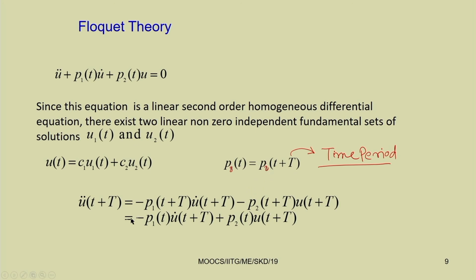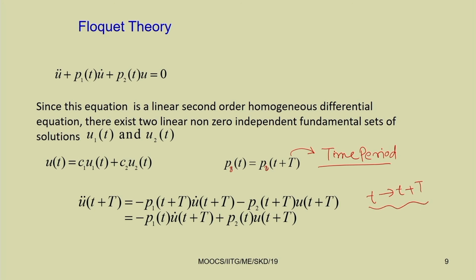So, in that case I can write this equation u double dot. Now, after one cycle let us see what the response will be. We replace t by t plus T, where T is the time period. So, in the original equation we are substituting t equal to t plus T, to check what will happen after one cycle.